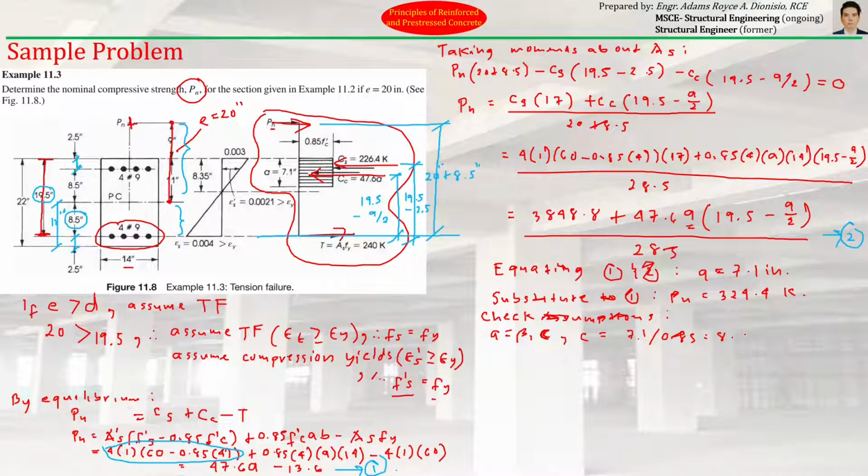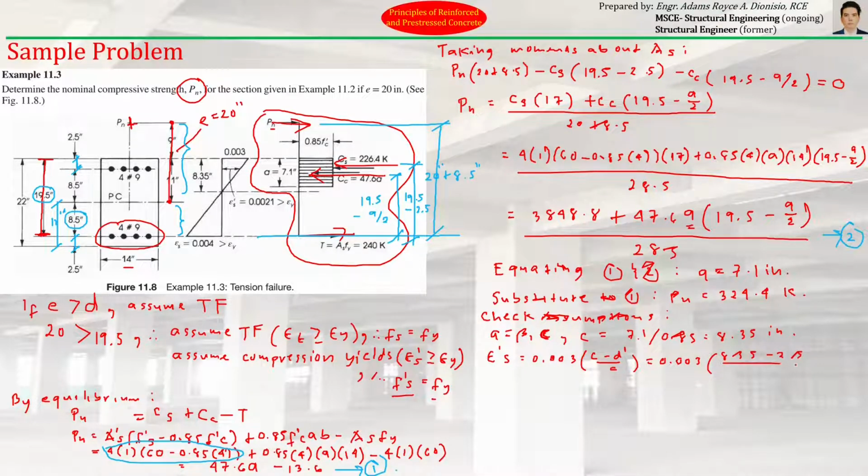Okay. So, computing for strain S prime, which is just equal to 0.003 times C minus d prime. It's supposed to be C minus d prime over C. So that will be 0.003 times C na 8.35 minus d prime na 2.5 over 8.35.